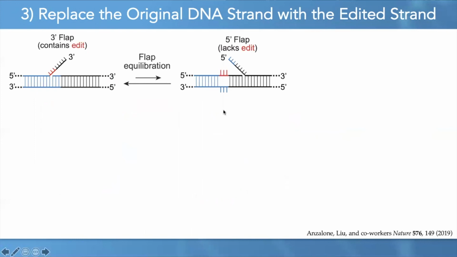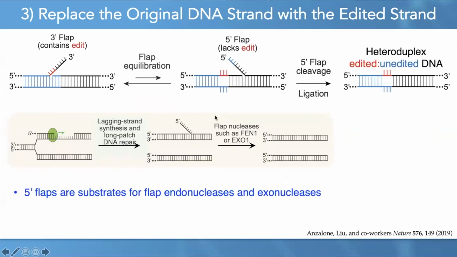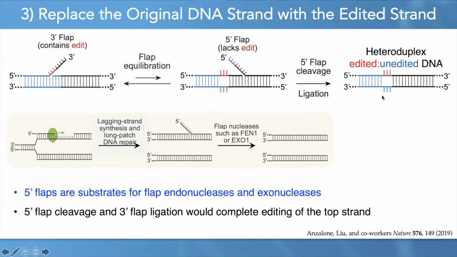Cells treat 5' flaps and 3' flaps differently. 5' flaps are common intermediates in DNA replication and repair, and cells have evolved nucleases like FEN1 or EXO1 that hydrolyze 5' flaps. We envisioned that preferential 5' flap excision would drive the incorporation of the edited 3' flaps to completion, resulting in heteroduplex DNA containing an edited and unedited strand.